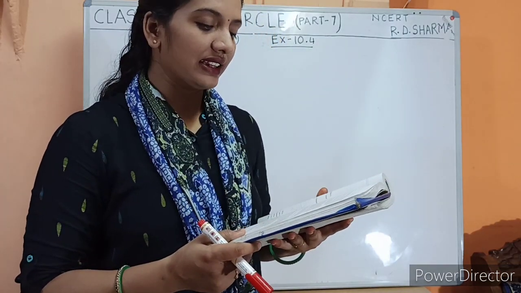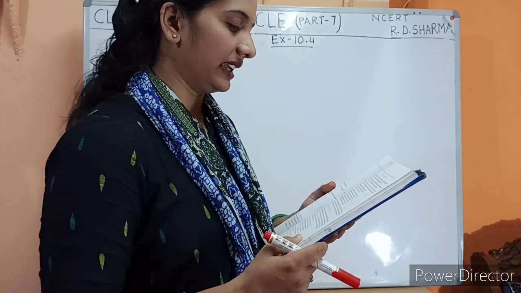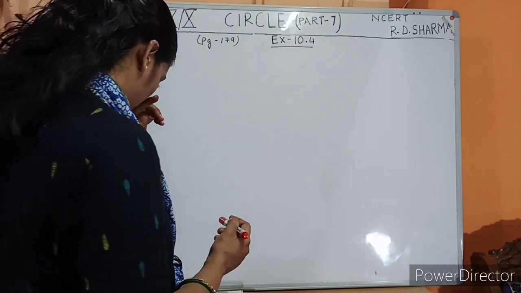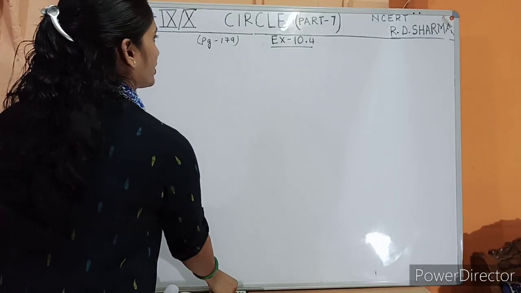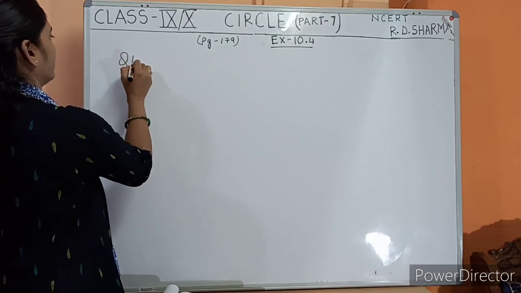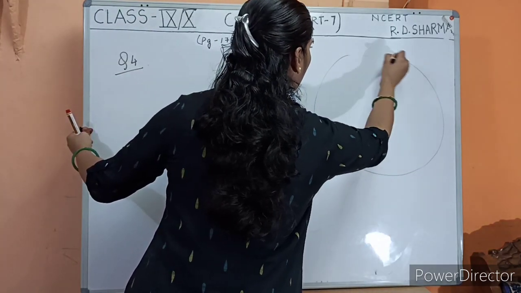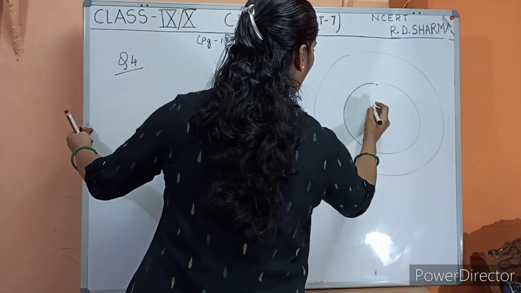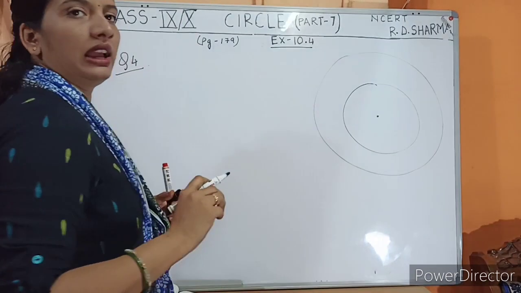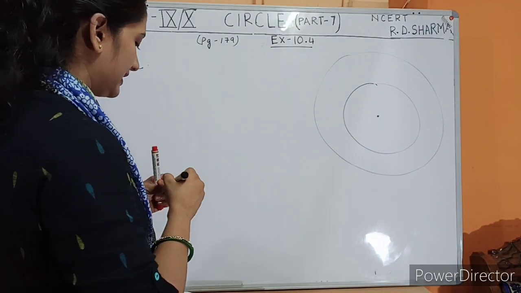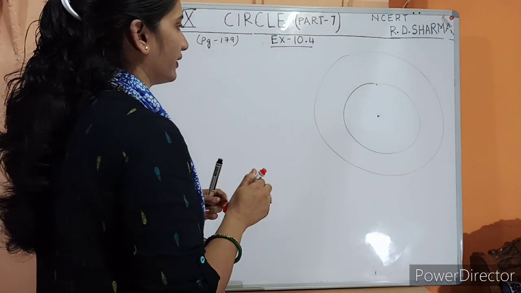So children, the figure is given for this question. You may see into the book. I'm just drawing that particular figure here also. This is question number 4. Two concentric circles are here. Concentric circles मतलब ऐसा सर्कल जिसका सेंटर सेम होता है, ठीक है, सेम सेंटर से लेकिन रेडियस डिफरेंट होता है.